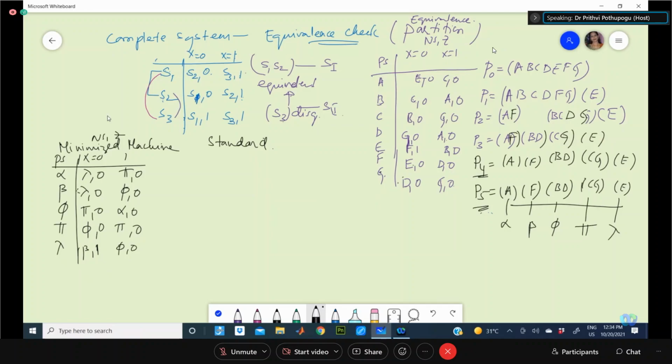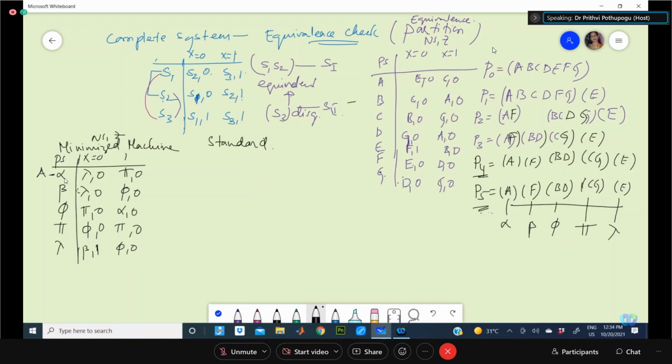Now, how to develop a standard form? Standard form is again back into ABCD. So pay attention here. First, the first occurring present state will be named as A. The immediately occurring unnamed next state will be named in sequence.